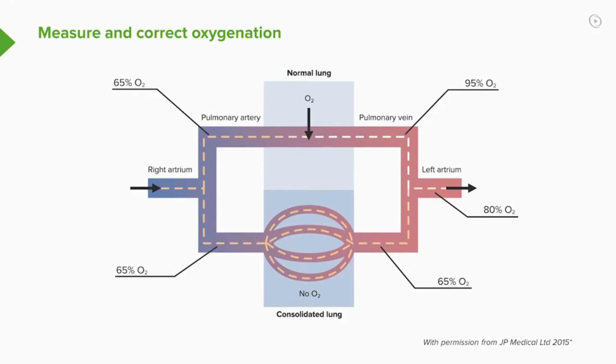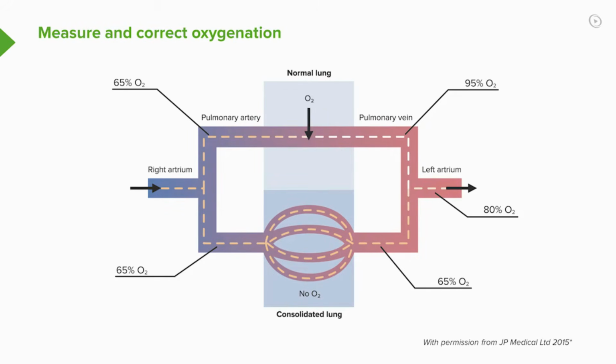And you end up mixing the deoxygenated blood coming from the consolidated lung with the oxygenated blood coming from the remaining normal lung. And the consequence of that is that you get a mixture of hypoxic blood and normoxic blood, and the combination of the two will dictate how hypoxic the patient will be.